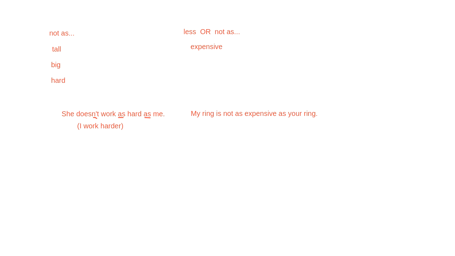Okay, so that's one option. But because we have a long adjective, we can also use less. My ring is, and how do we say it? My ring is less expensive than your ring. Very good.